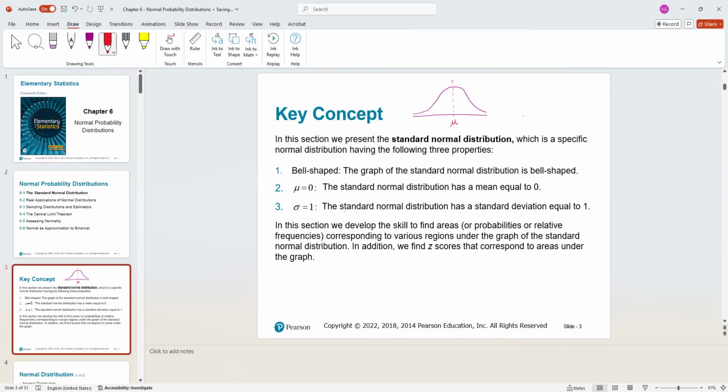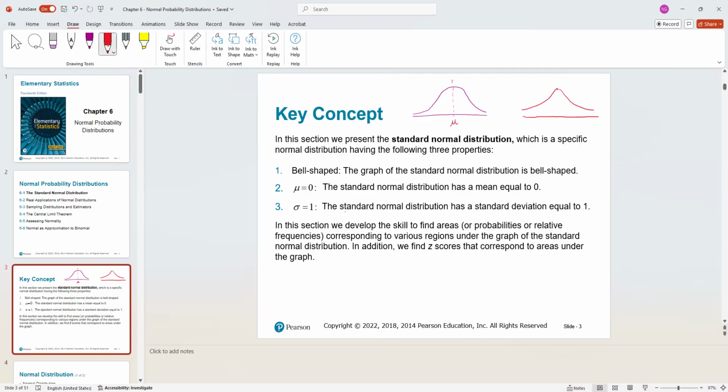I'm hoping I draw it properly, because usually a bell shape we will have a chance to draw a lot. Anyway, it is symmetric about the mean. The mean is mu equals 0, and the standard deviation is 1.